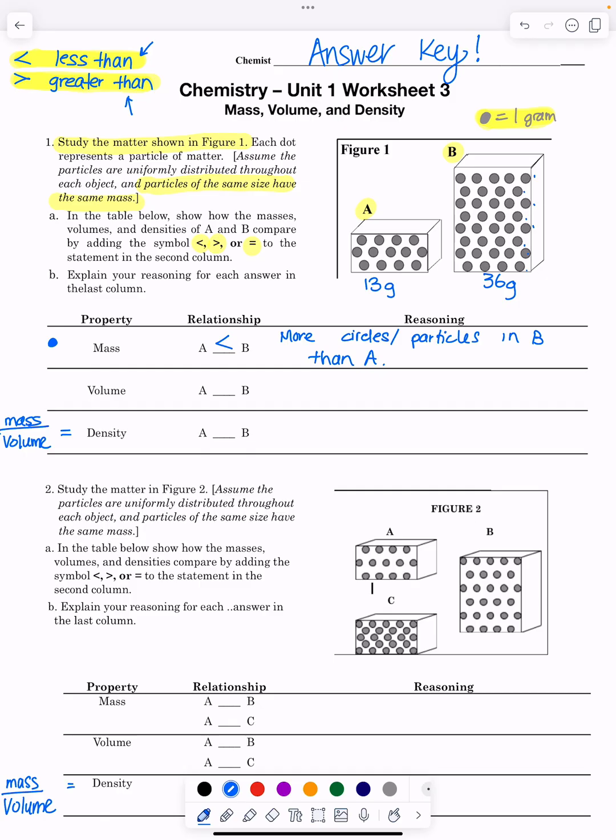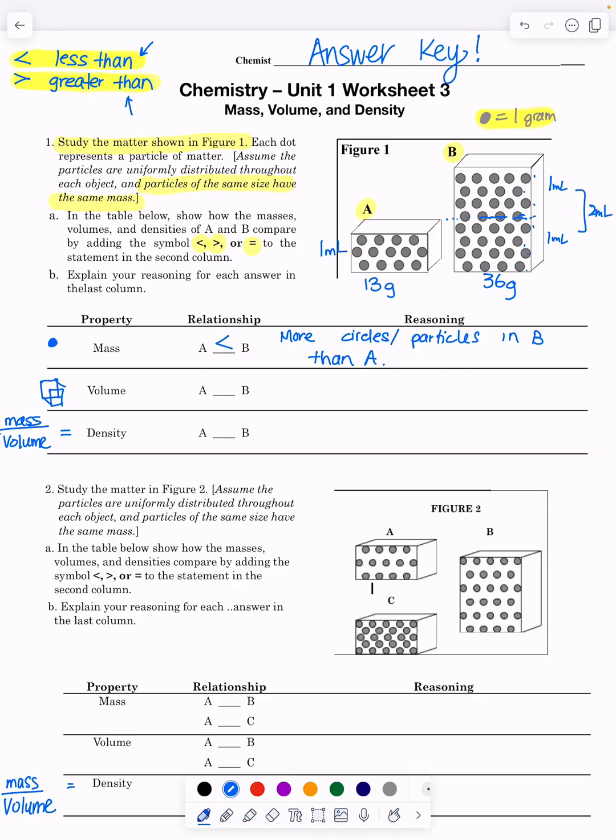Now we're going to look at volume. Volume is the box. And for us, a larger box would mean a larger volume. So it looks like B, like if we want to try and quantify this, I kind of put a little dotted line here. I would say if this box for A is 1 milliliter, then I would think that the box for B is about 2 milliliters.